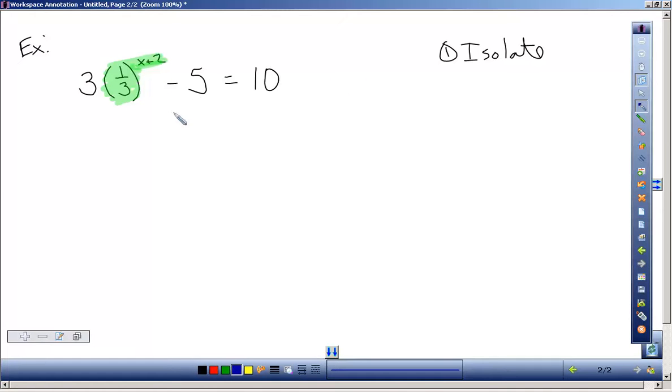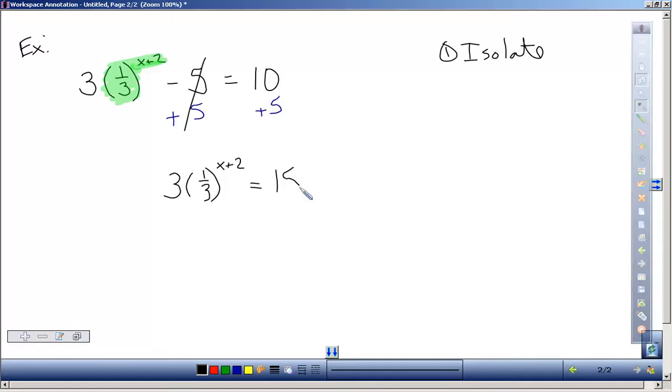So I need to add 5 to both sides, and that will get rid of that. I still have 3 times (1/3) to the x plus 2, and now it's equal to 15. But this is still not the exponential by itself. I still need to get rid of the 3.